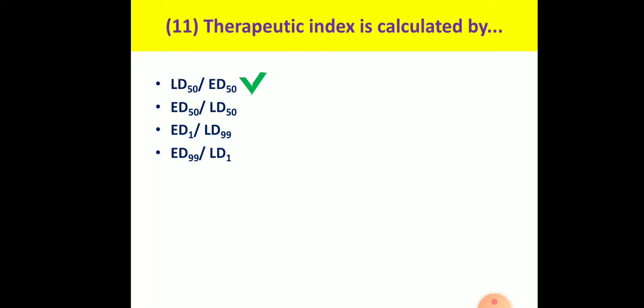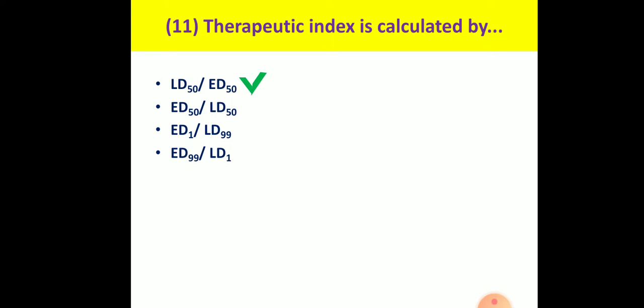So many a time students are having confusion that whether it is LD50 upon ED50 or ED50 upon LD50. Just you have to remember that more the therapeutic index, the more the drug will be the safer. It means that the numerator should be more and the denominator should be less. Now if the numerator should be more, so the LD50 is more, it means that significantly higher amount of the drug is required to kill the test population.